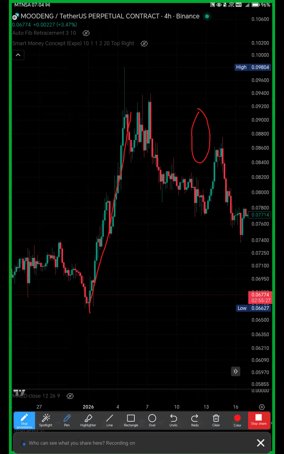The market went up. So when the market goes up, what is going to be next? Obviously, you'll be expecting the market to come down because the market does not move in a straight line. So as a trader, you'll be looking at these type of signals.